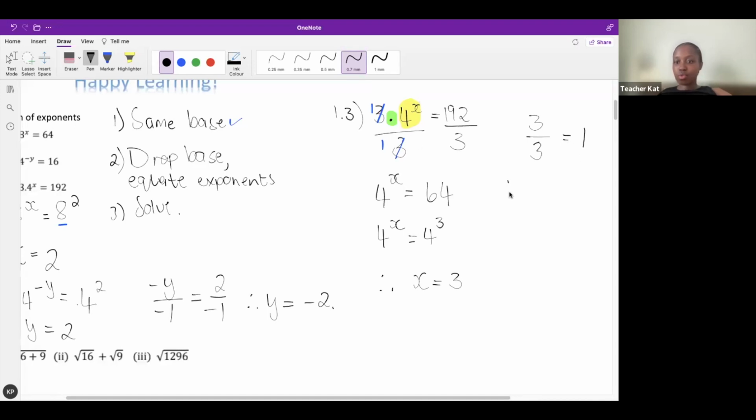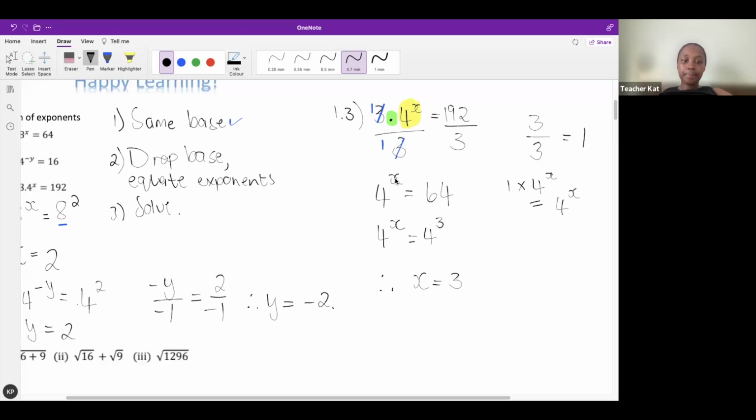So then you'll be left with 1 times 4 to the power of x. And 1 times 4 to the power of x is just 4 to the power of x. So do you see why we do it? Yes, ma'am. Thank you, ma'am.